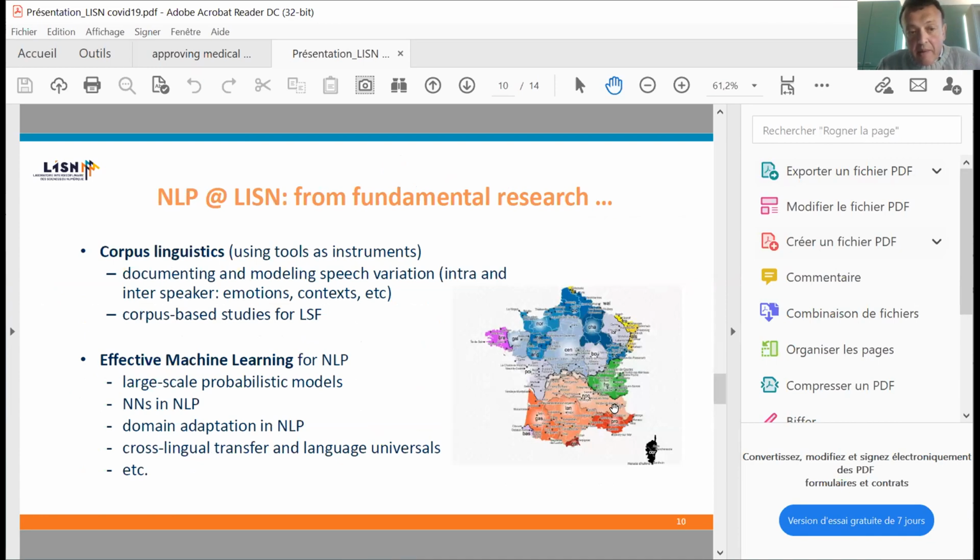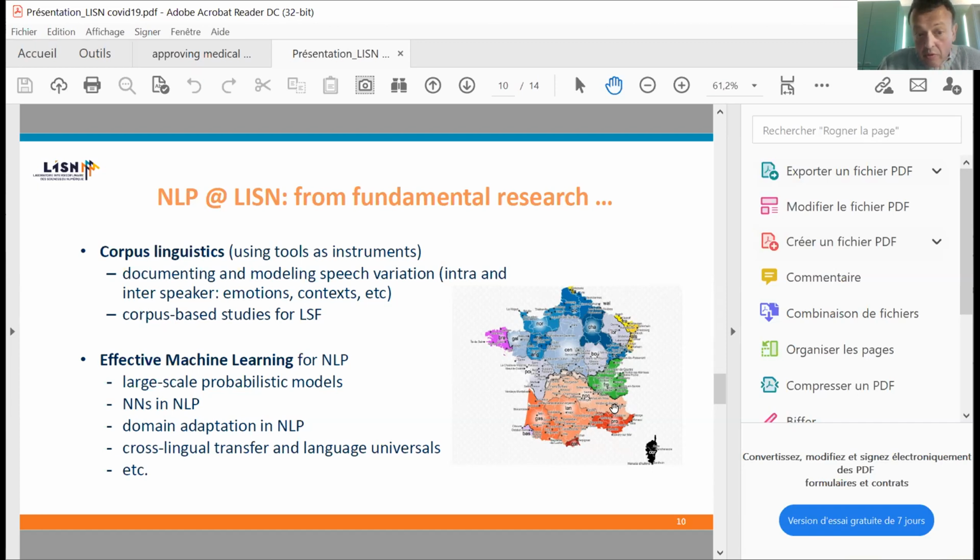As I said, we are dealing with fundamental research from corpus linguistics, which I think is relevant for the subject here. So using the system we are building as an instrument to look at the data.